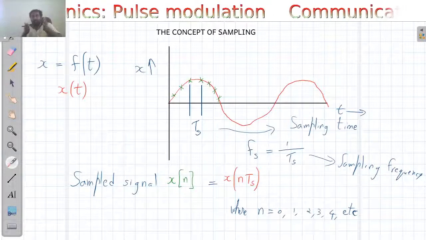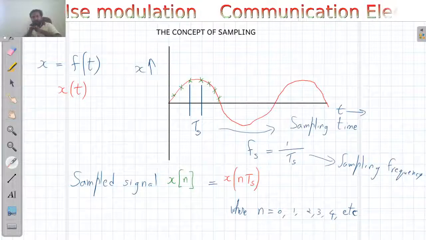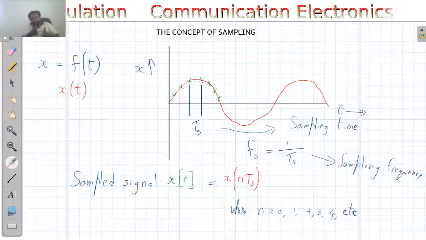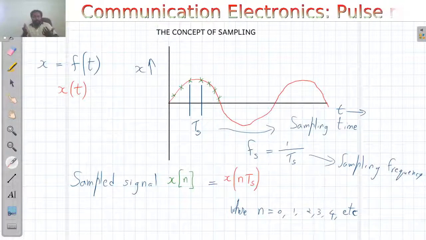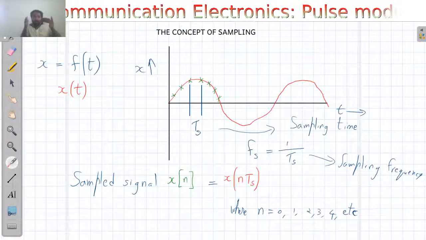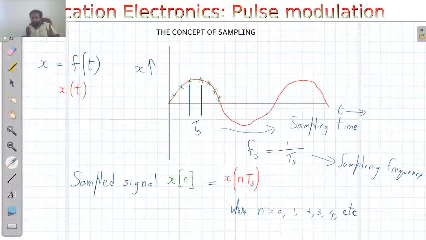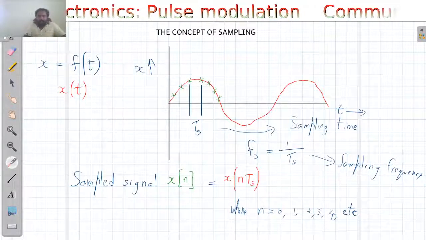The audible range maximum is 20 kilohertz, so that is your f max in this case. Your minimum frequency is 20 hertz, the maximum frequency is 20 kilohertz. We are least bothered about the minimum frequency, we are more bothered about the maximum frequency that we are going to transmit.